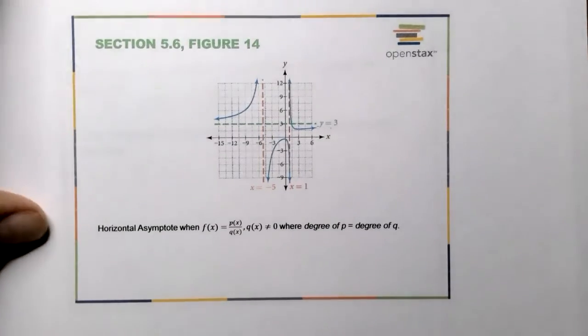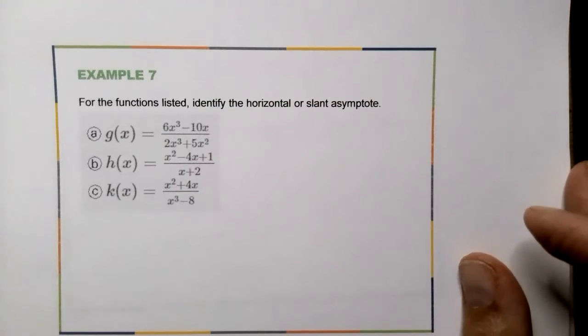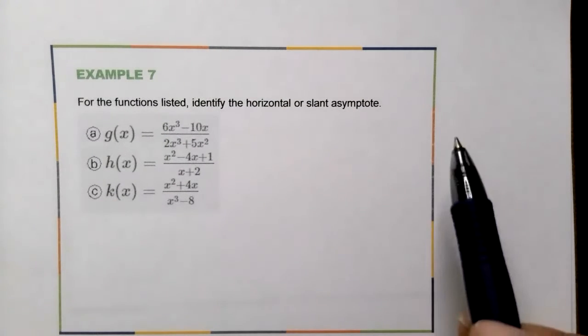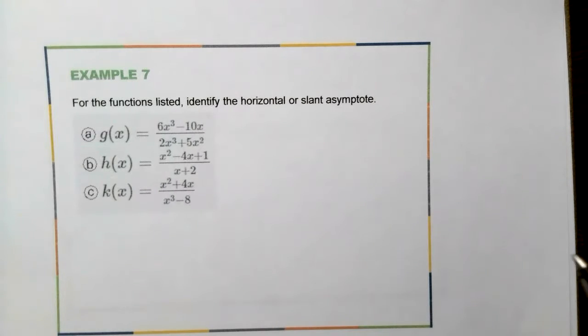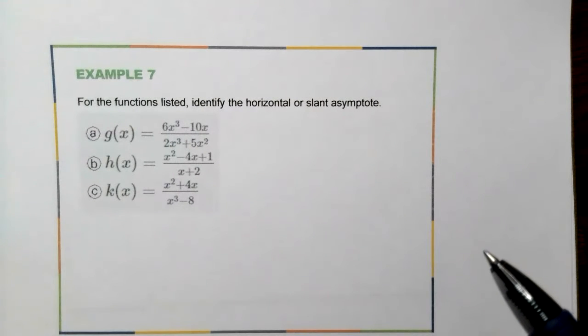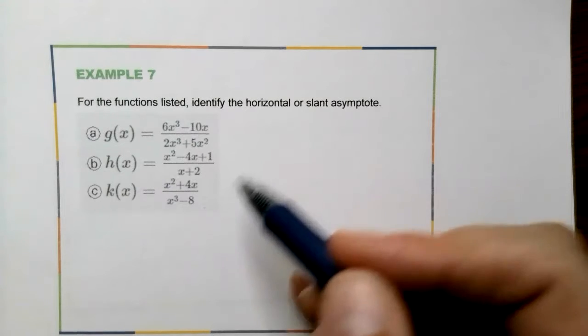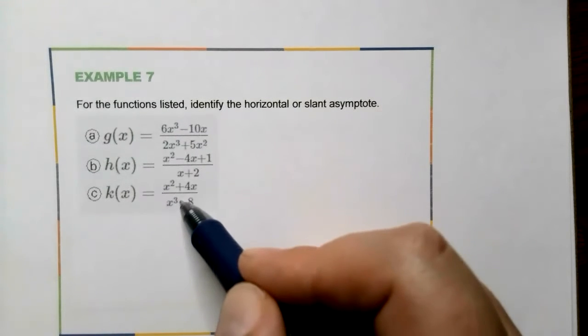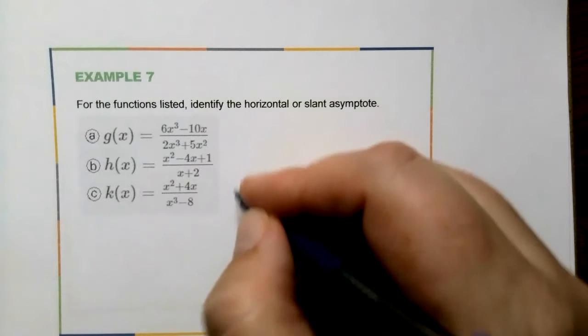All right, so example. For these functions g, h, and k, let's find the asymptotes. Well, when the degree of the denominator is greater than the degree of the numerator, it's a no-brainer.